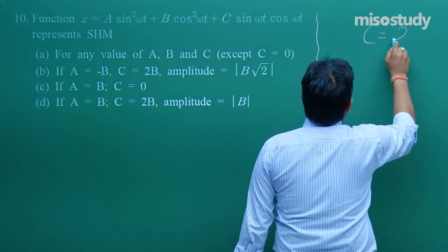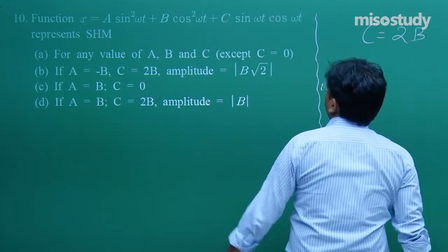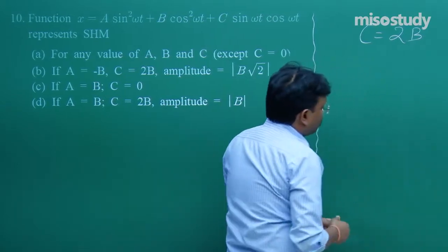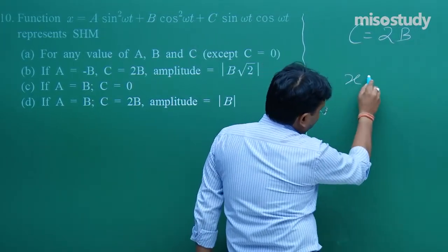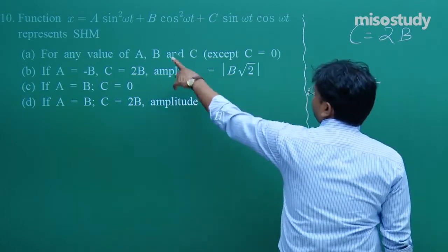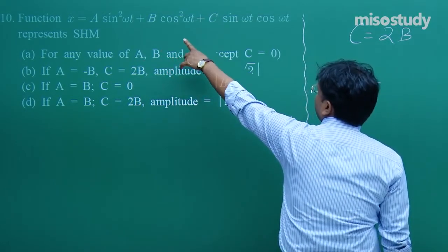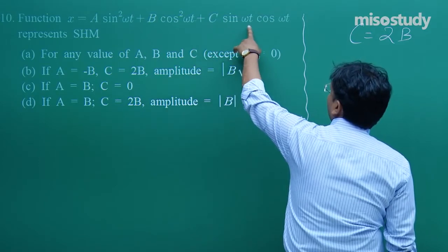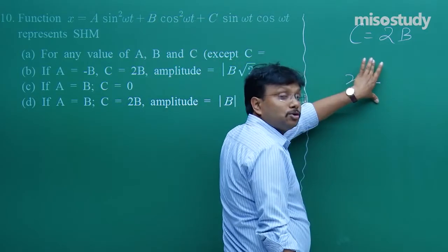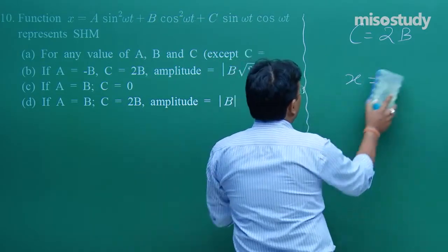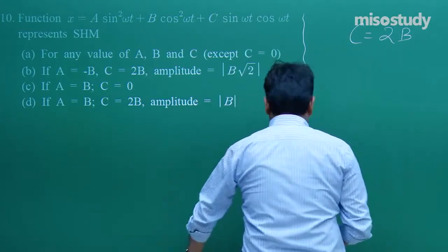Take c equal to 2b. Now x is equal to a sin square omega t plus b cos square omega t plus c sin omega t cos omega t. What I am going to do here is write this equation in a more simplified fashion.